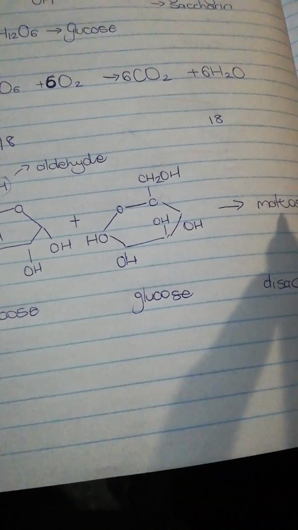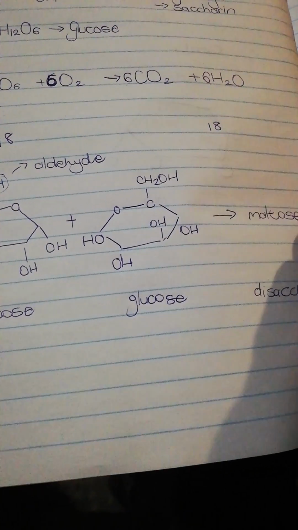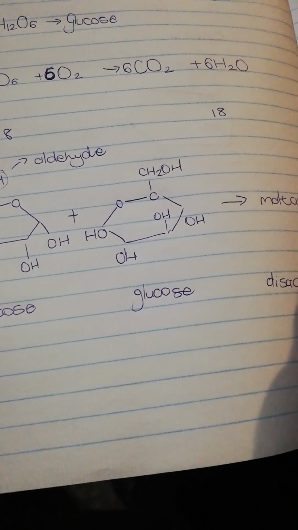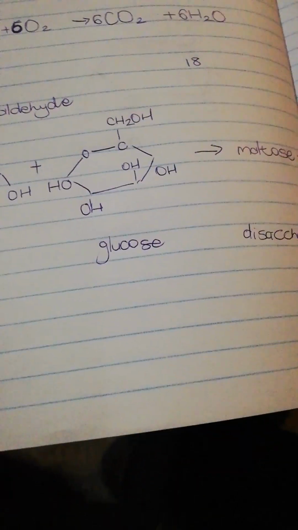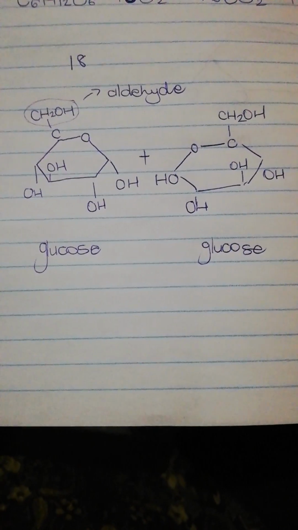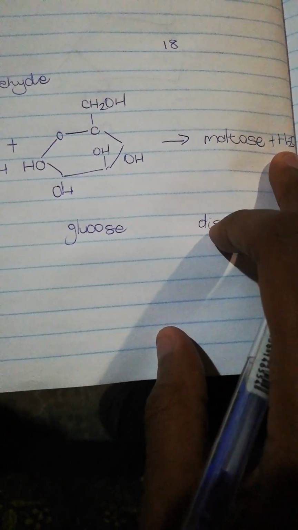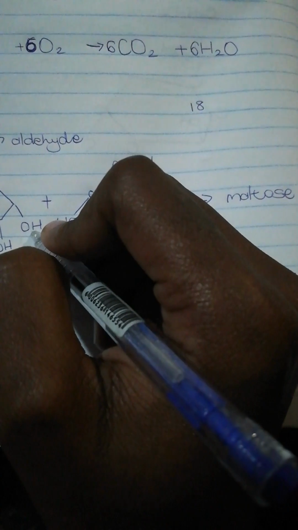But when this maltose forms, there is something else which is released. And that, my dear friends, is H2O. And you can guess it, that's a water molecule. So when you have the reaction between two simple sugars, you end up losing an H2O. Because what happens is that these guys, these two H's and these O's, they condense.